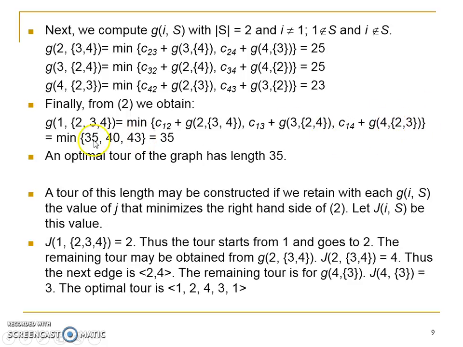So I have a minimum of 35, 40, 43, which is 35. So we know that the optimal tour of the graph has cost 35, visiting the vertices 1, 2, 4, 3 and 1. So students, I hope it is clear now.